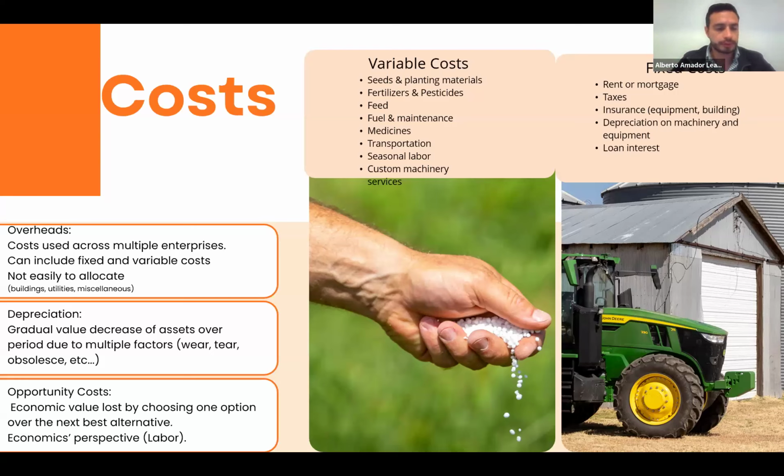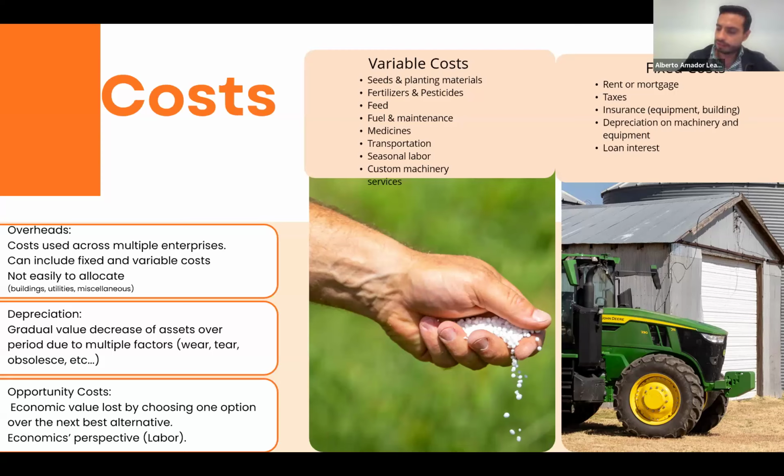Now, depreciation. Depreciation is a gradual value decrease of an asset over a period of time due to multiple factors. And currently, for me, it is the largest cost in the multiple budgets that I have worked on in the last weeks. And finally, there are opportunity costs.